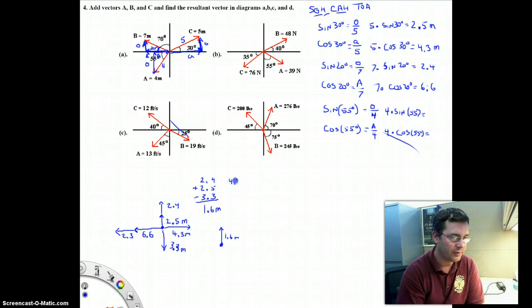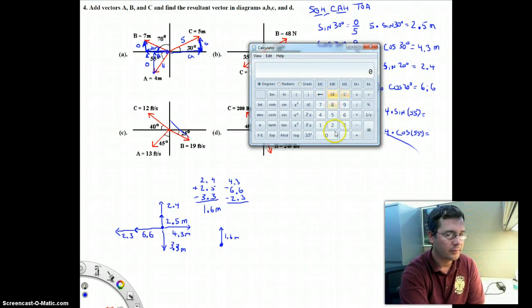We have 4.3 meters to the right, which is a positive number, and then 6.6 to the left, which is a negative number, and 2.3 to the left, which is also a negative number. And we're going to sum those three terms. So 4.3 minus 6.6 minus 2.3.